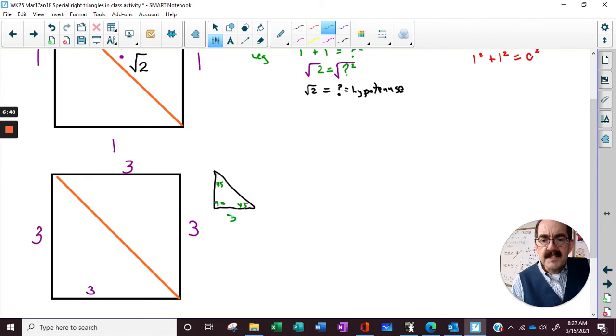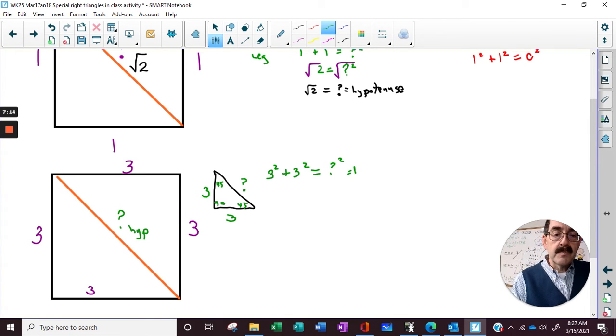And it's 3 units by 3 units, and we want to calculate this measure. Now, we all know how to use Pythagoras. 3 squared plus 3 squared equals question mark squared equals the hypotenuse squared.